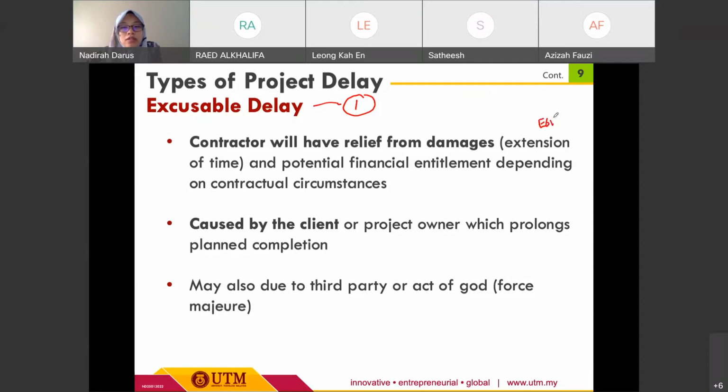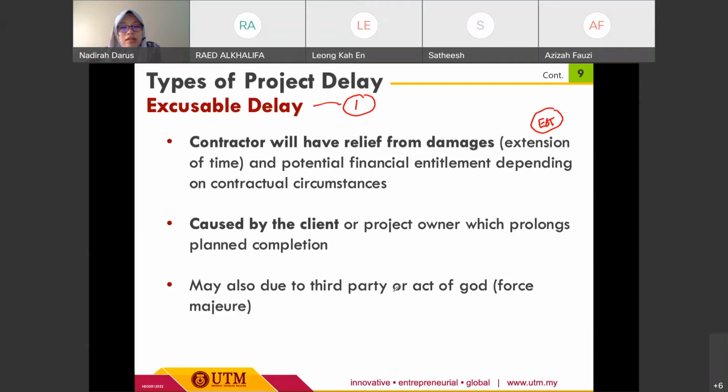This is quite a common term when we are talking about delay. And potential financial entitlement depending on contractual circumstances. So most of the time, excusable delay means that the contractors themselves will be excused for these damages.